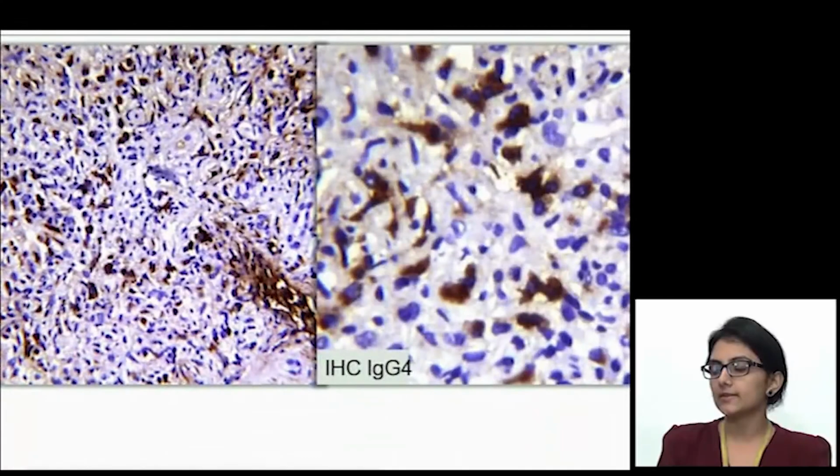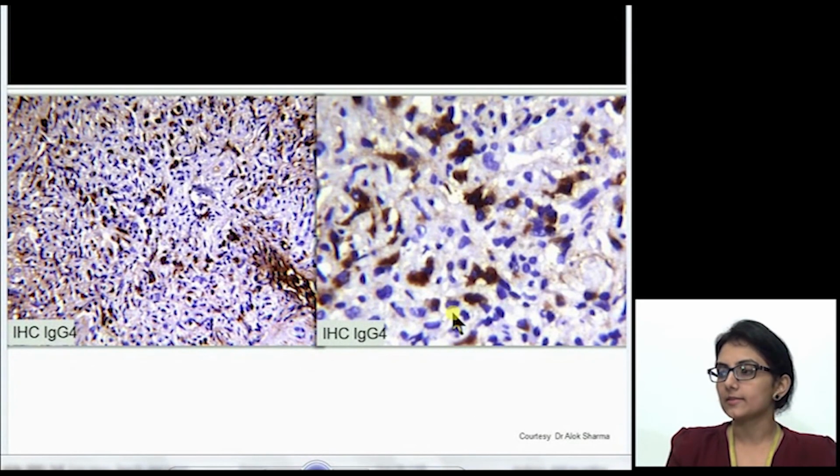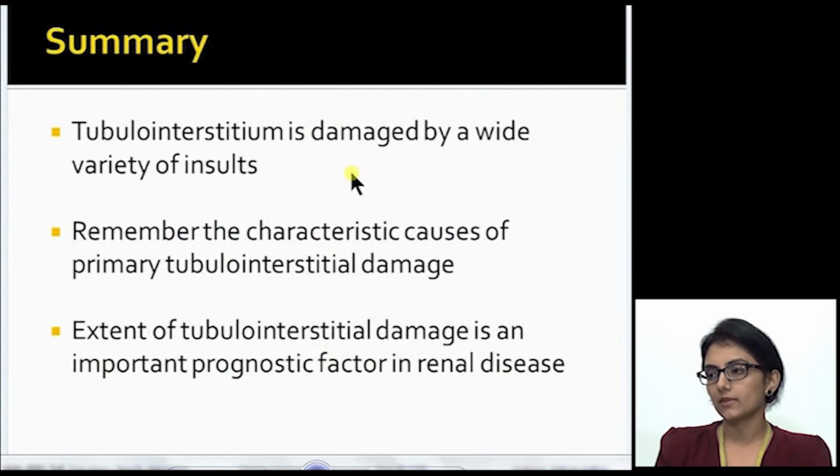And these plasma cells will stain for IgG4 by immunohistochemistry. It is important to recognize this form of tubulointerstitial nephritis because patients have demonstrated some response to steroids.